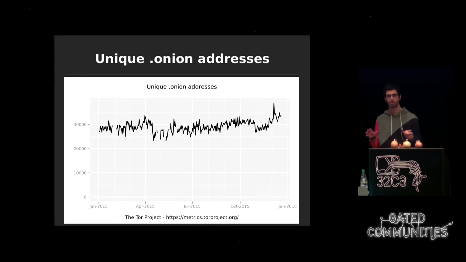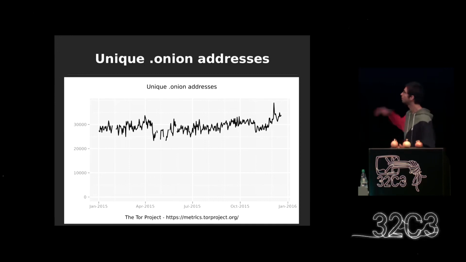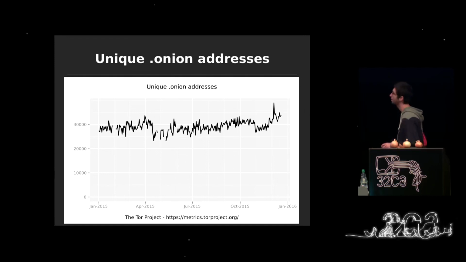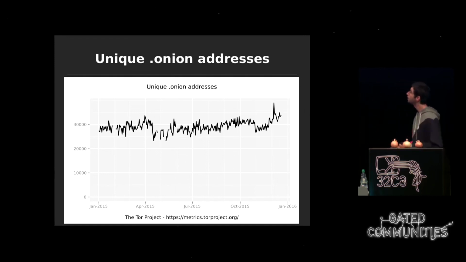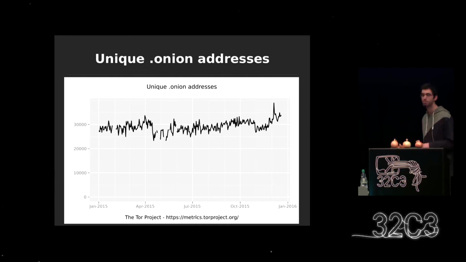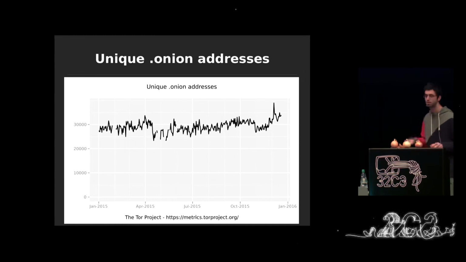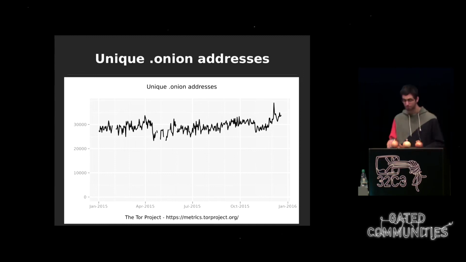But it can give you a basic idea. This first statistic is the number of hidden services on the network, and you can see that it's about 30,000 hidden services, give or take. It's a pretty small number if you compare it to the whole internet. It's basically in the early adoption stages.